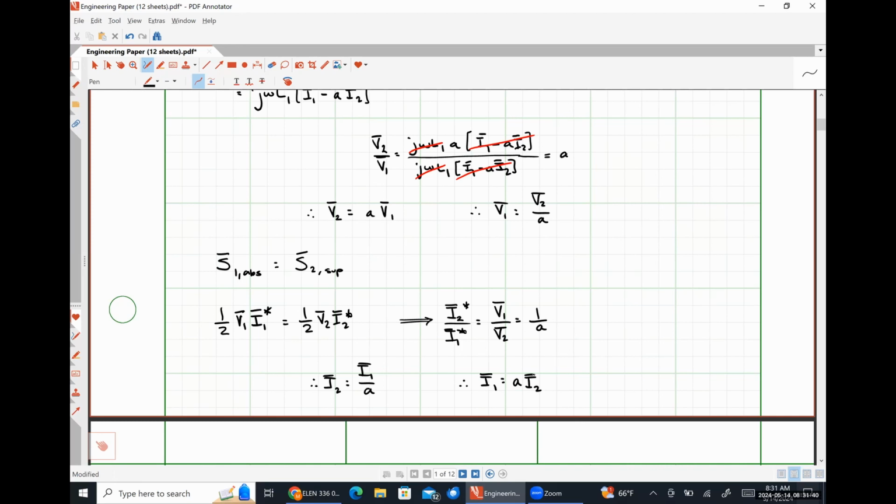Because we're conjugating both sides, the conjugate is effectively going to go away here. So now that we know how our voltages and currents are going to behave in an ideal transformer, let's look at some interesting consequences of these relationships. Get past all these gross derivations.